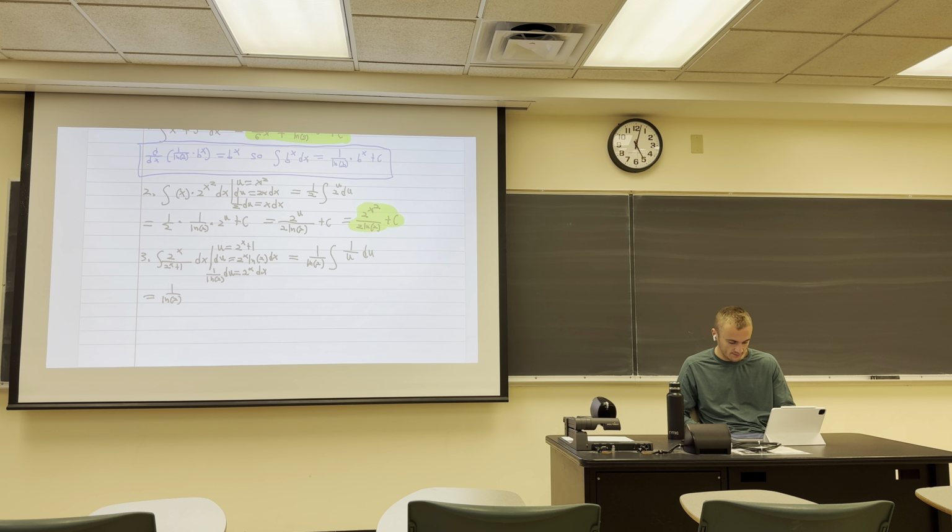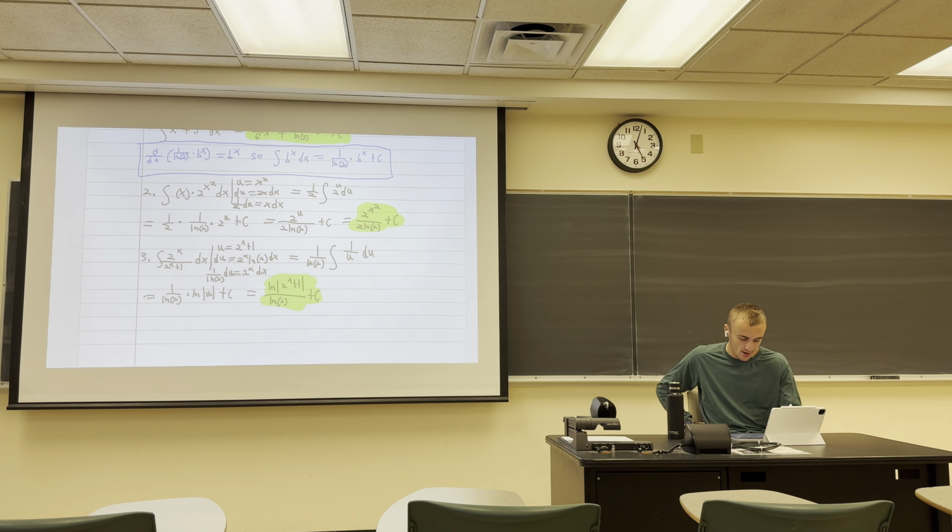So we have 1 over ln of 2 times ln absolute value of u plus c. So plug in our u value here. So ln of the absolute value of 2 to the x plus 1, over ln of 2, plus c, and that'll be our final answer.